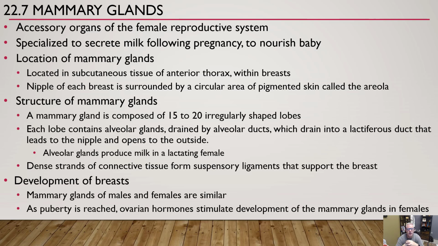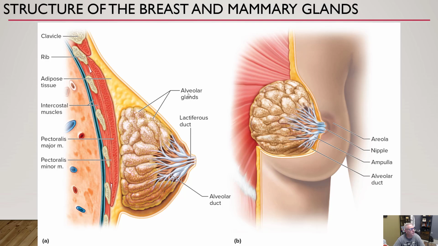Each mammary gland has 15 to 20 irregularly shaped lobes, and each lobe has alveolar glands. Here you can see the alveolar glands and the lobes. The alveolar glands are drained by the alveolar ducts, which drain into the lactiferous duct that drains to the outside.